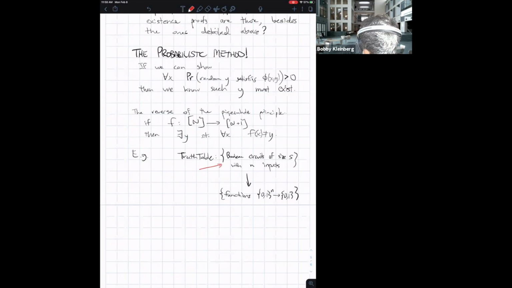There's about 2 to the power s log s of these, and there's 2 to the 2 to the n many of these.